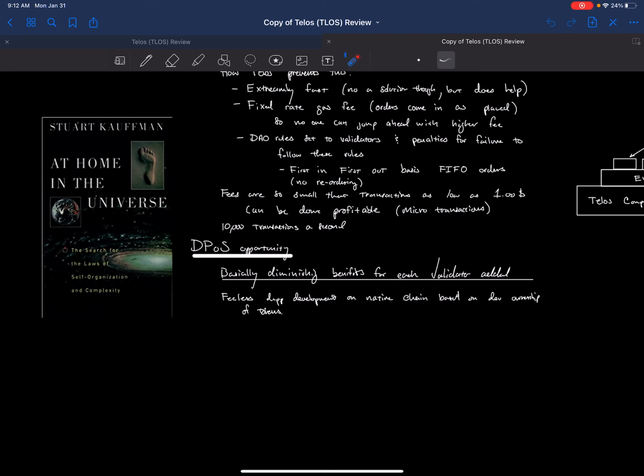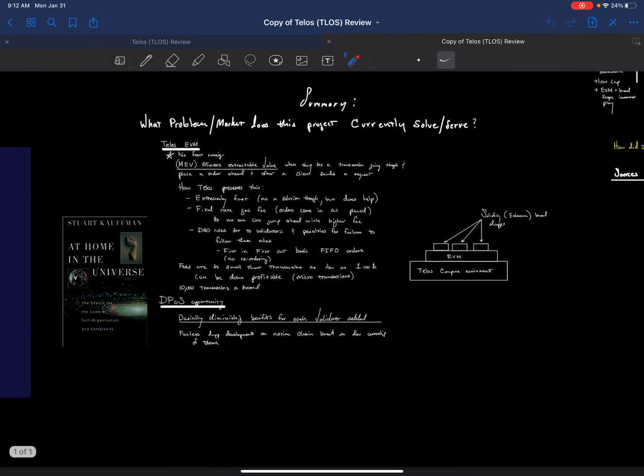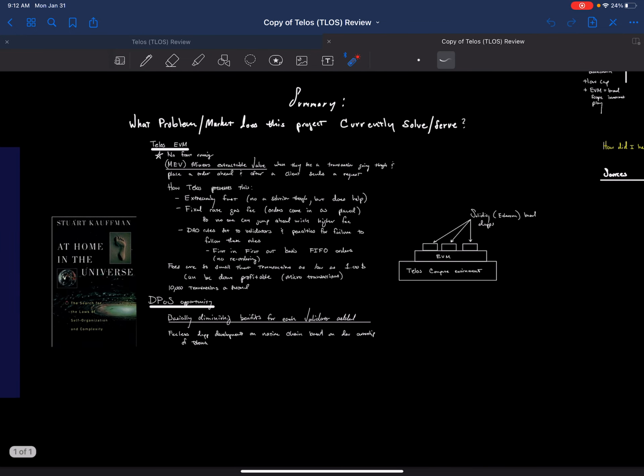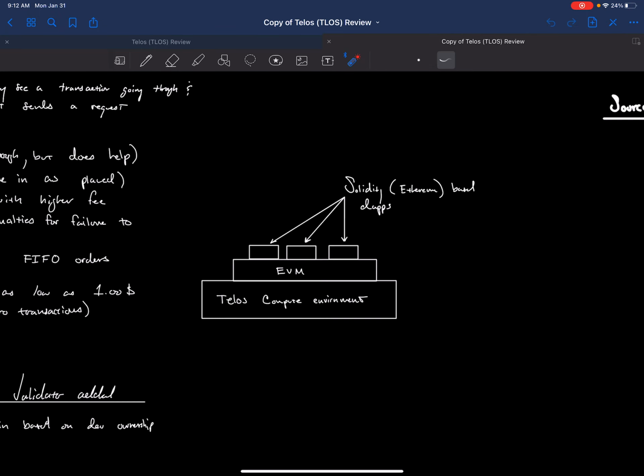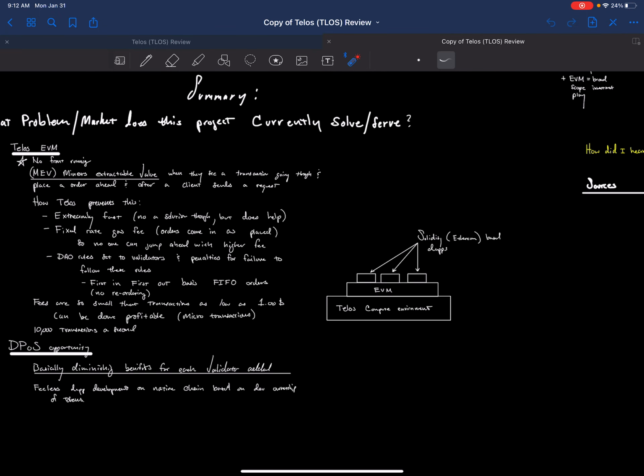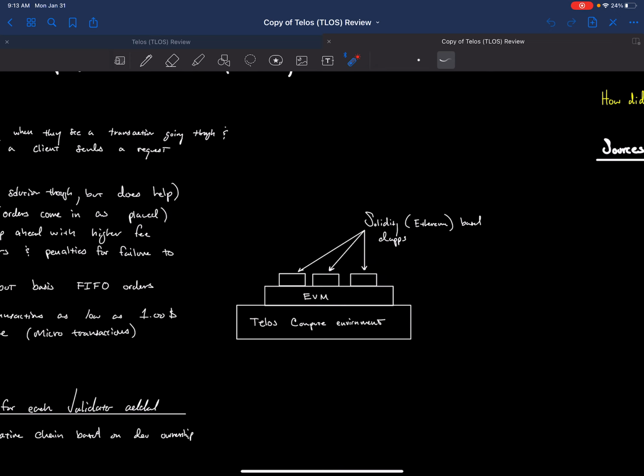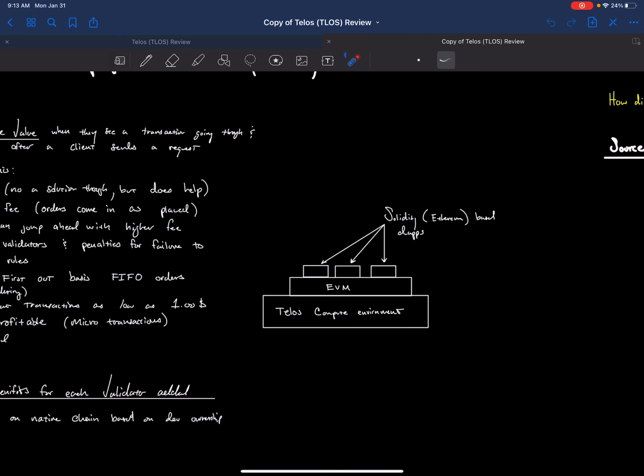Now, before I go into how Telos works, what is DPoS? I'm going to just go into one more example of what the Ethereum virtual machine is, the major use case that I'm going over on Telos. Even though, remember, Telos is general, so it can do many different things.